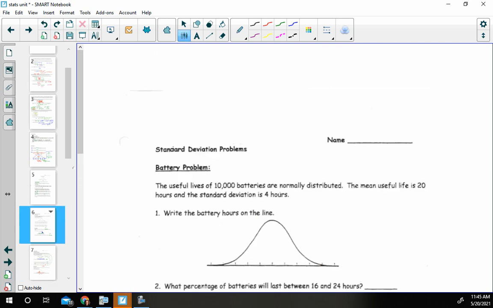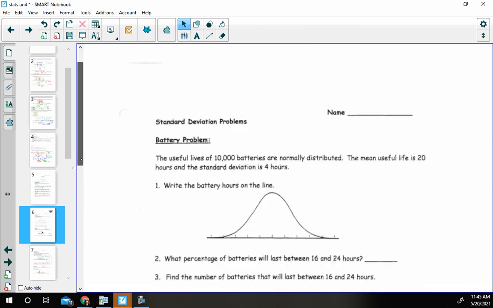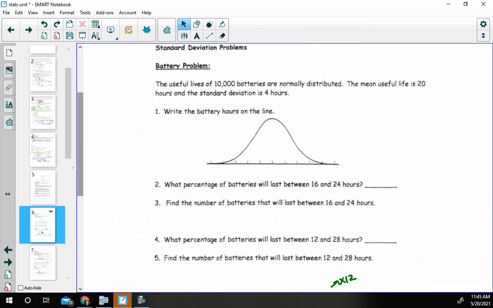There we go. All right. The useful lives of 10,000 batteries are normally distributed. The mean useful life is 20 hours and the standard deviation is 4. So what number am I going to put in the middle? 20. How many am I going to go out each direction? Okay, put it out 4 each direction. Add 4 to the right, subtract 4 to your left.